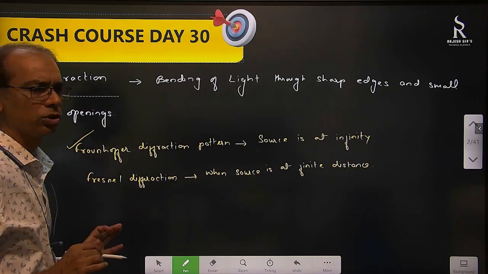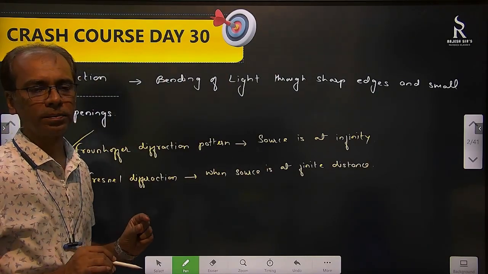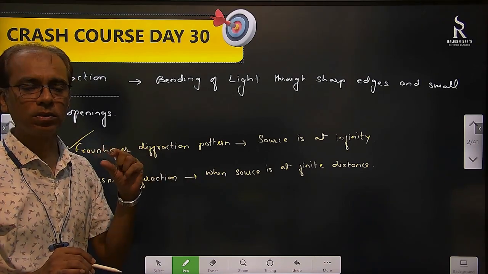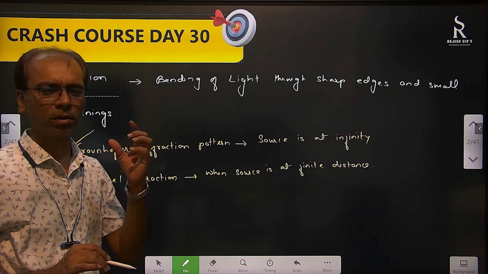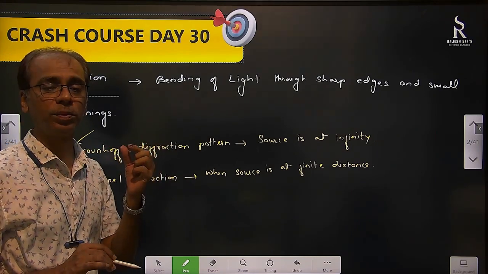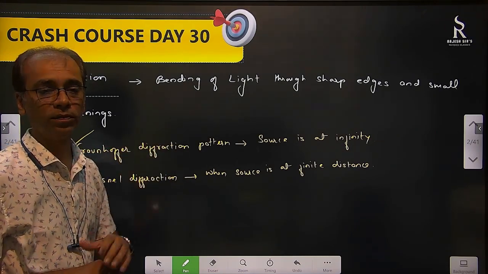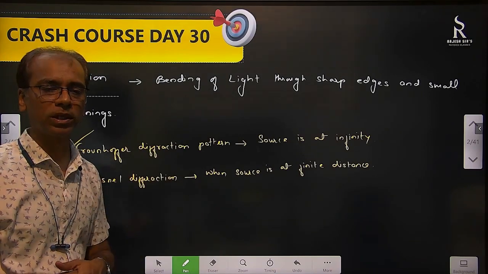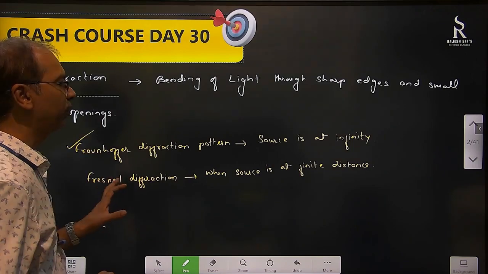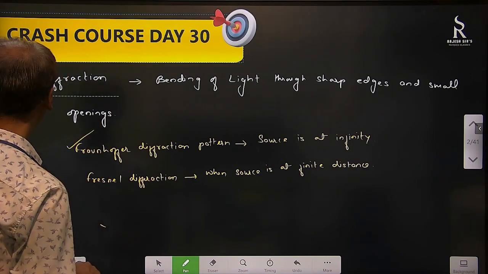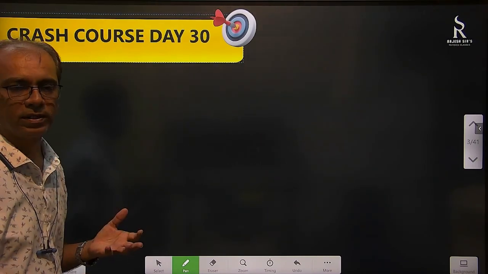But for this also, as I told you, the distance or the opening between two sources or the small opening that we have should be of the size of wavelength or comparable to the size of wavelength of light. And one more thing: in diffraction also, interference happens.